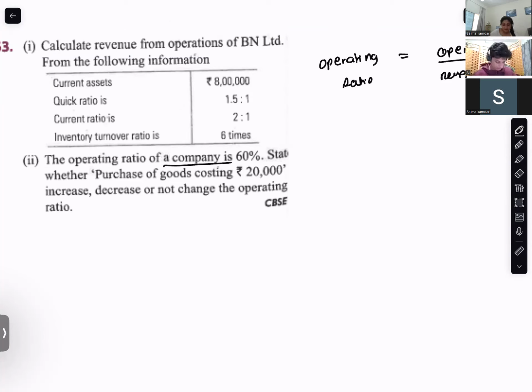I remember now. When I talk about operating cost, it means cost of sales plus operating expenses.